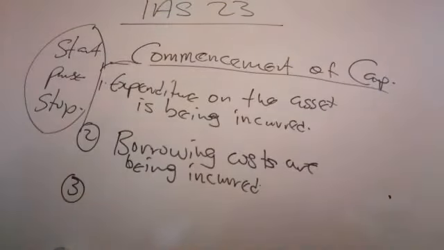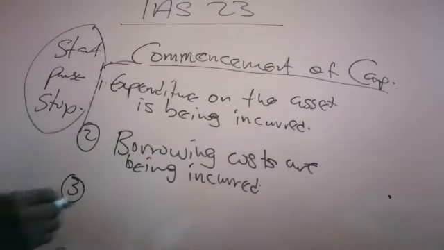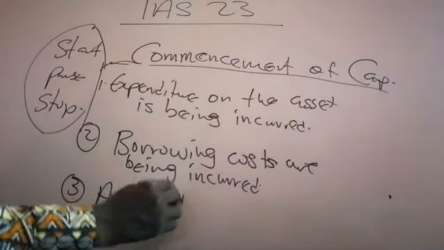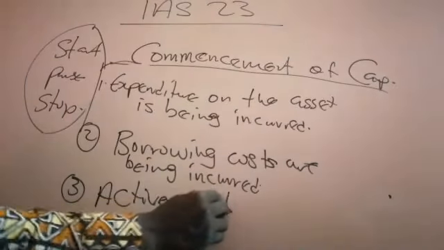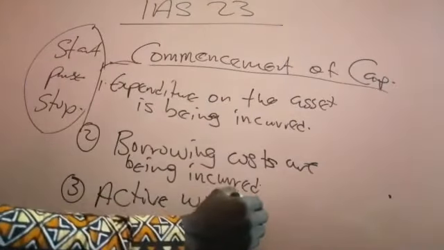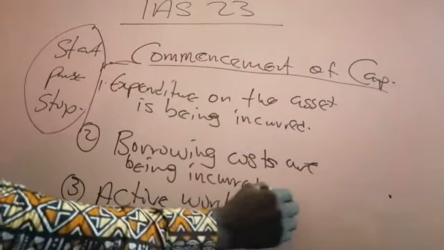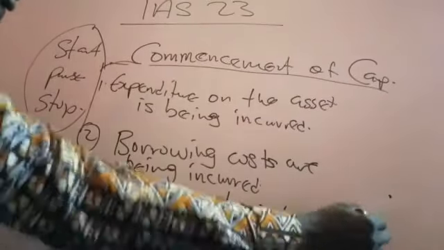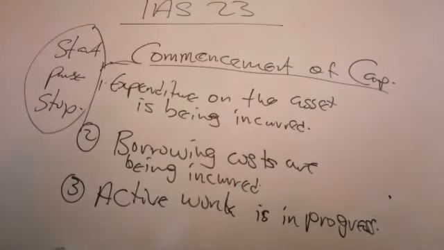Let me summarize that section. Make it: active work is in progress. Good. So active work is in progress, then start capitalizing the borrowing cost.